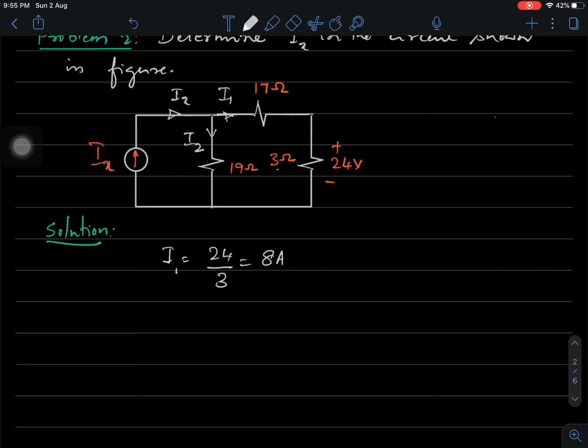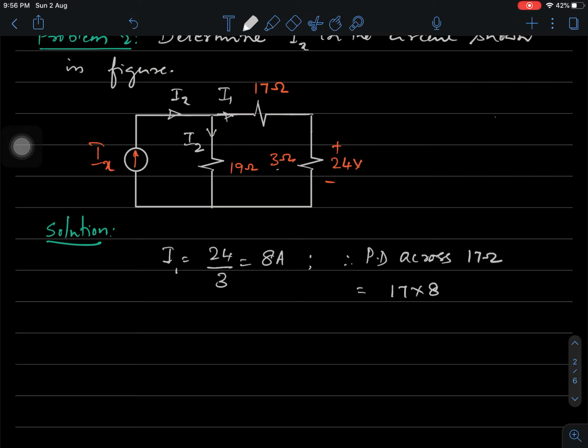This is based on Ohm's law. This 8 amperes of current flows through 17 ohms also, because 17 and 3 ohm are in series. Therefore the potential difference across 17 ohms is equal to 17 into 8.